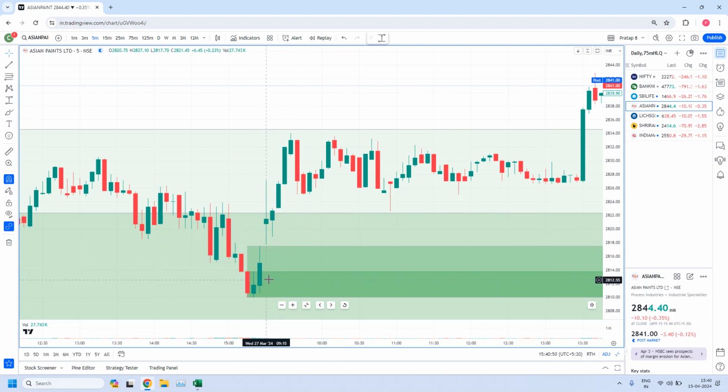Price structure is excellent, very neat, clean. And we have a pro gap area, a professional pro gap. Definitely some institutional orders will be there. If prices enter this, definitely the majority of the supply would have been consumed. See, it is a fresh zone. The 15-minute is a fresh zone.